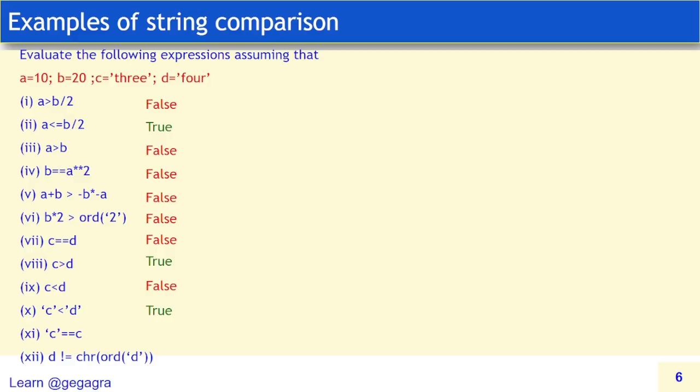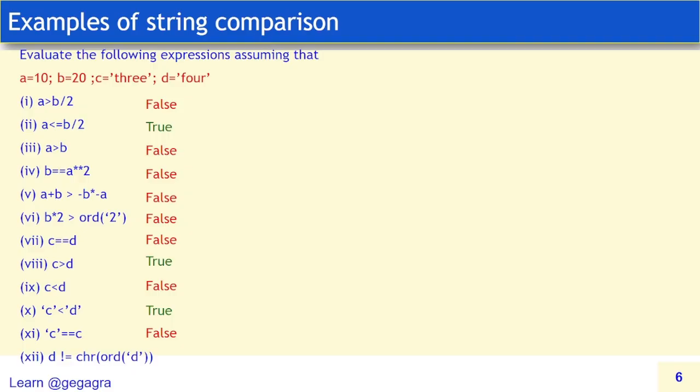So this time the value of character C is definitely not equal to the ASCII value of 3. The 99 is not equal to the ASCII value of 3, and that is why this also gives the false value.